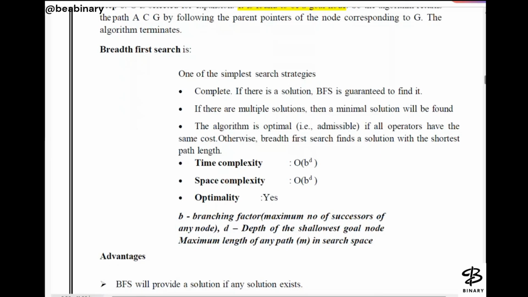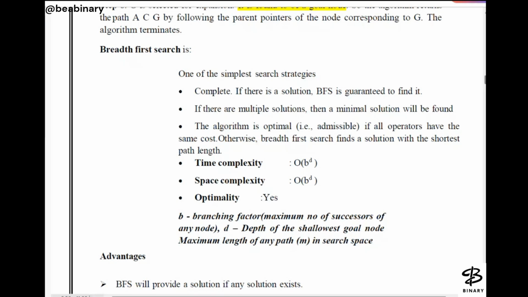Now, what's the time complexity here? We are saying that O(B^D). What is B representing? B represents the branching factor, the maximum number of successors of any node. Then D is defined here as the depth of the shallowest goal node. M is the maximum length of any path in a search space.